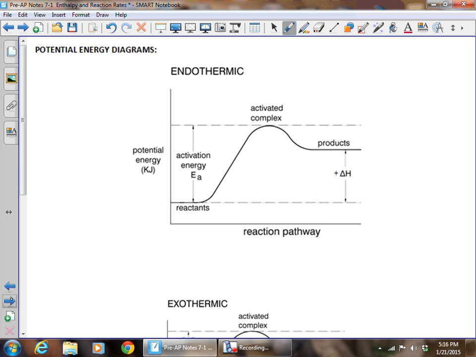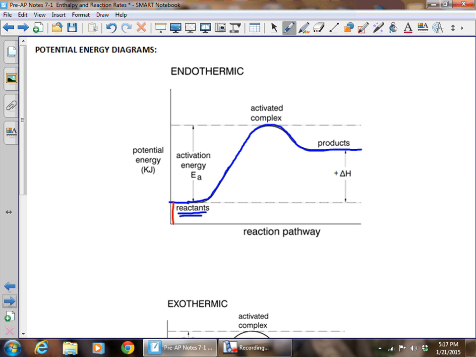Well, here's an endothermic reaction and how we would represent it. And this is what it's going to look like, what you're going to have to analyze on the worksheet that you're doing for today. If you'll notice in an endothermic reaction, the general shape is always the same. We start down here with our reactants, and we add energy, add energy, add energy until we finally get the reaction started, and then we form our products.